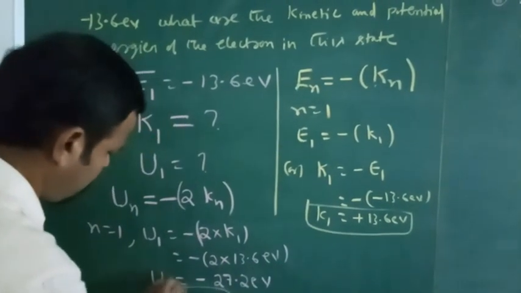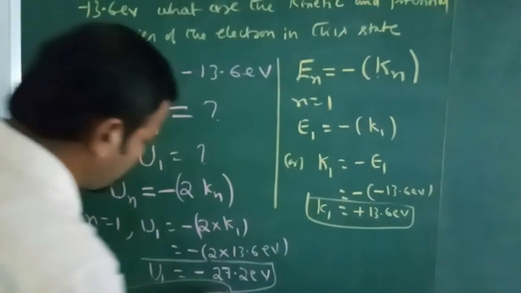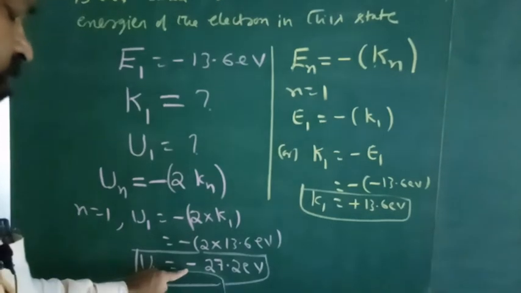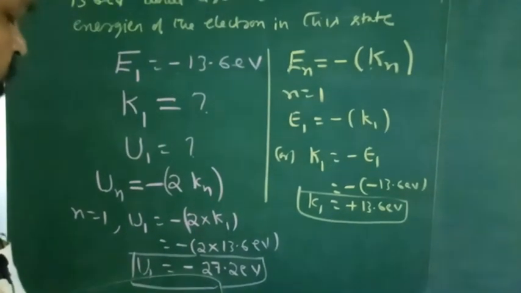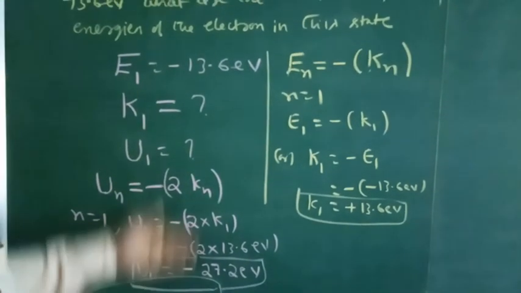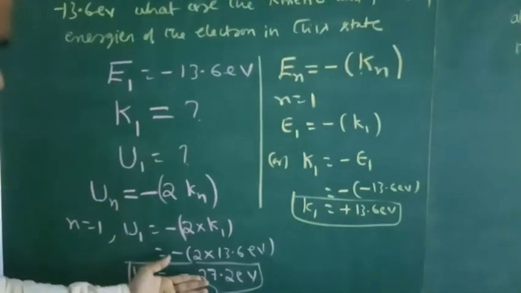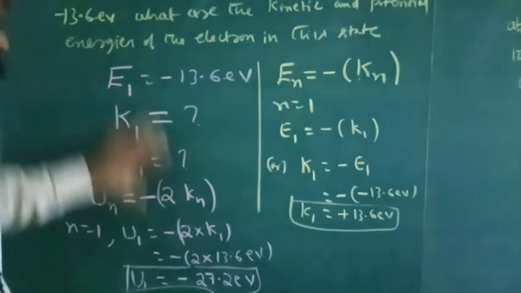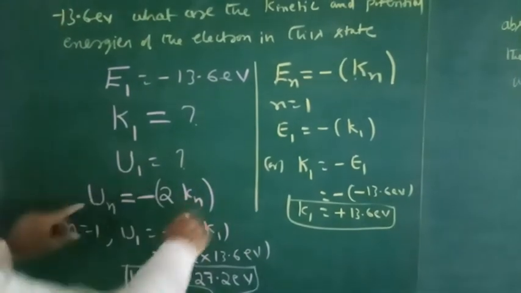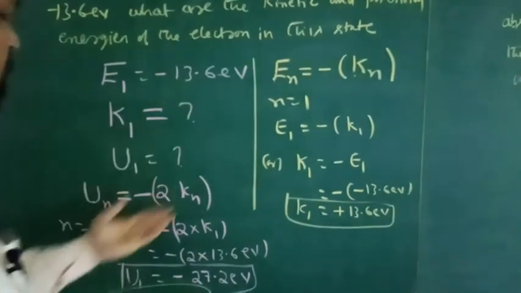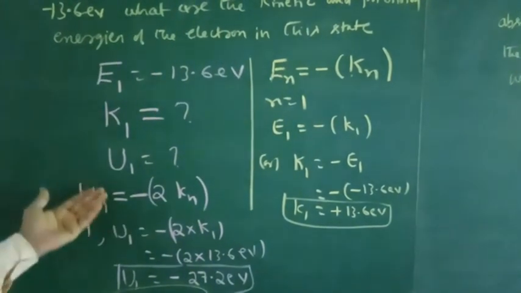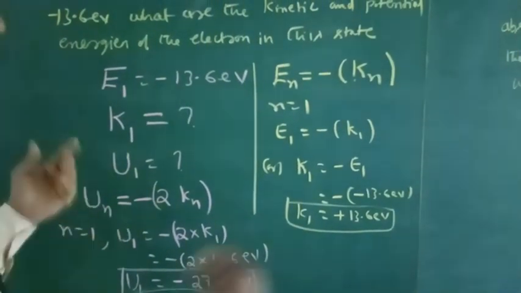Remember, potential energy may be positive or negative, but the potential energy of an electron present in the ground state is always negative, minus 27.2 eV. This is the general formula. By using these two formulas, we can calculate the total energy, kinetic energy, and potential energy of an electron in any orbit.